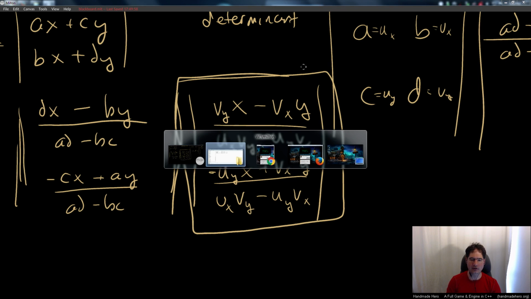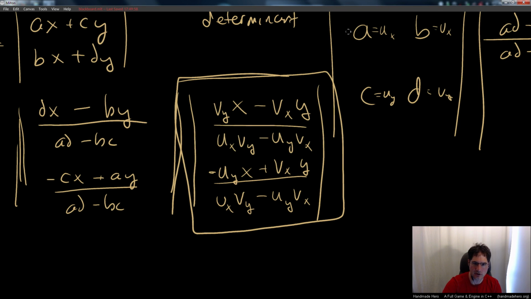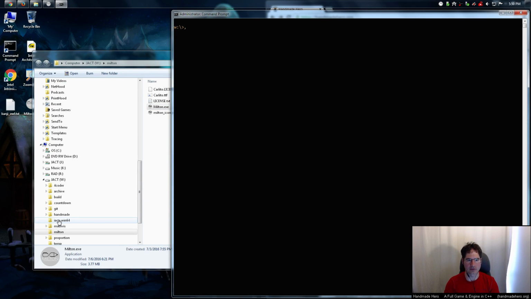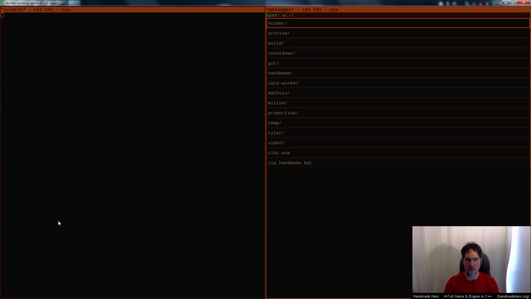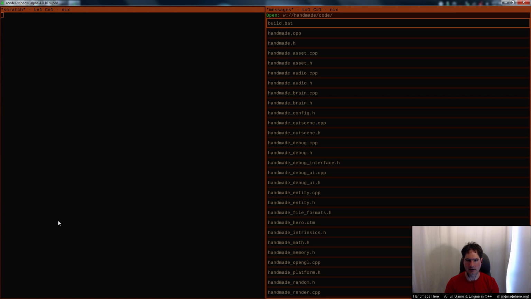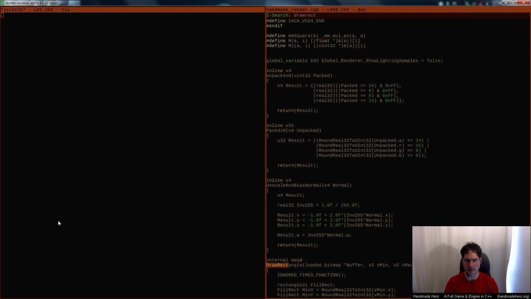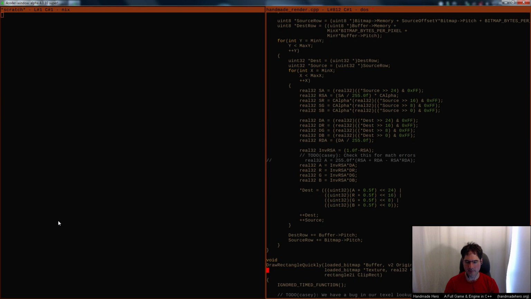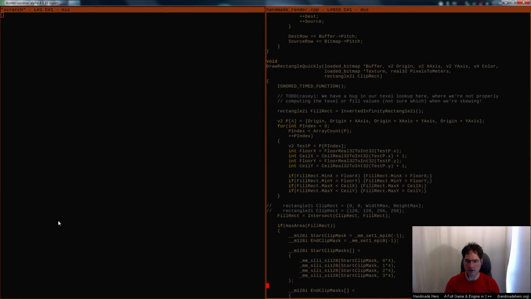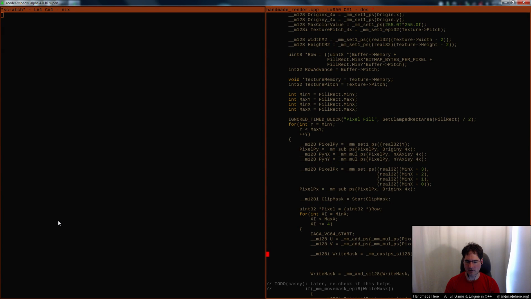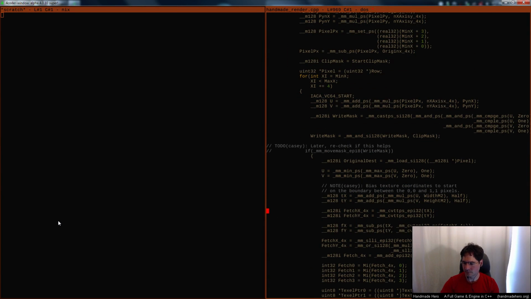And so if we go back to our code now, we can take a look and be in a position to, hopefully, fix our bug. So let's go ahead to Handmade code. That's in the renderer, in draw rectangle quickly, and you can see where we're actually doing this code here.